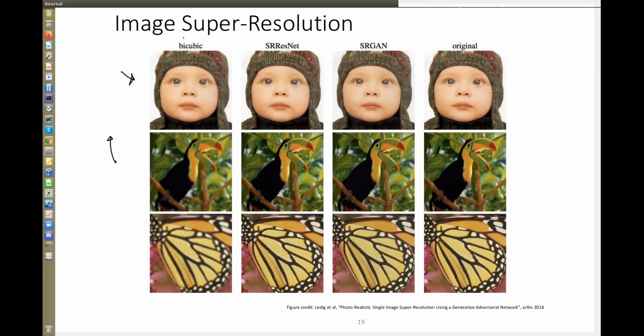If you just do some processing using, for example, a bicubic filter and so on, you can get performance like this, and compare that with doing super resolution using deep learning, visually it will be much better here. But be careful when you do super resolution with machine learning or deep learning, it's a data-driven approach.